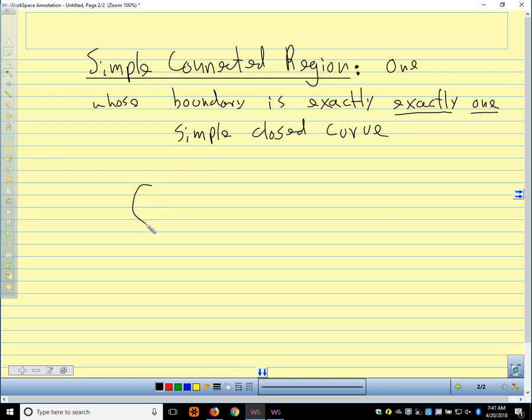So this would be a simple connected region. And a region like this is not a simple connected region.